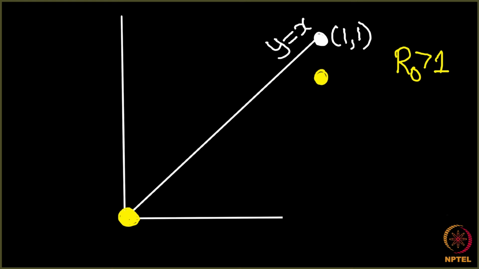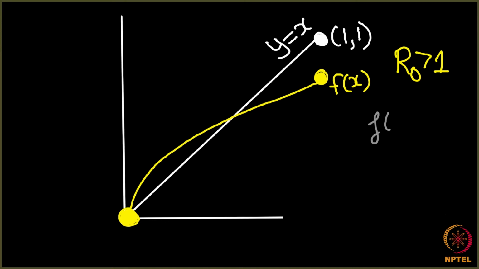So our function looks like this, and I write that this function is my f of x. My aim is to find f of infinite times 1. Let's see how we do it.